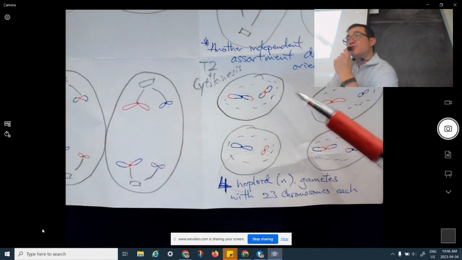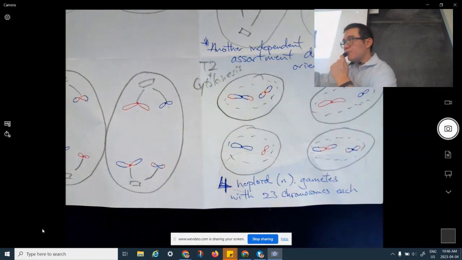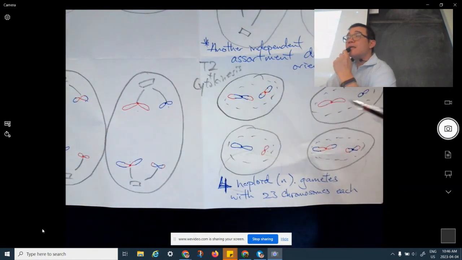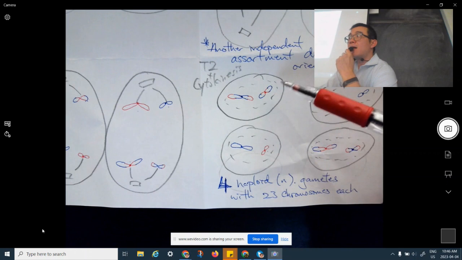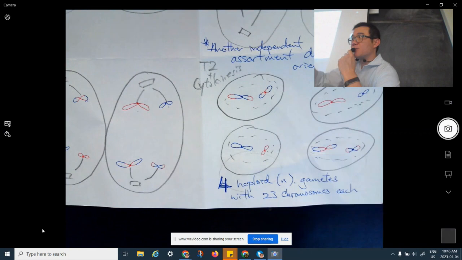But again, due to crossover and 2 events of independent assortment, you can see all of these 4 gametes are different from each other, okay? And there could be other combinations too, simply because the orientation could be flipped in different ways.